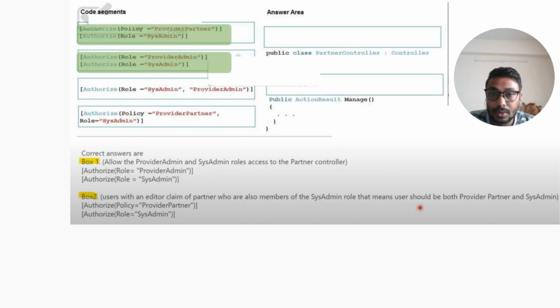So it looks like box one should have the first answer, which is allow ProviderAdmin and SystemAdmin roles to access the Partner controller, and for box two we have a public class PartnerController. For the second box, we can use the editor claim partner, so that means both providers, and so box two will be the second.